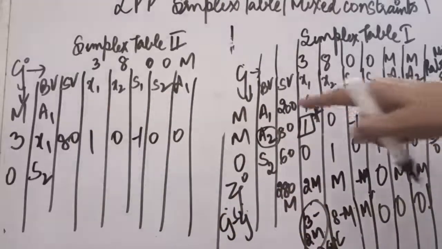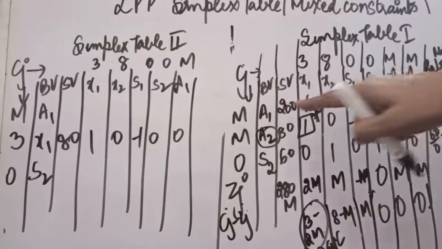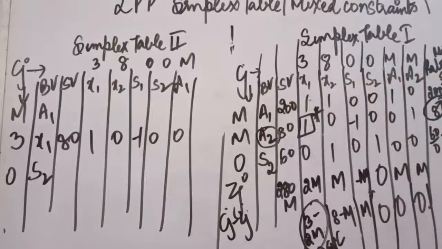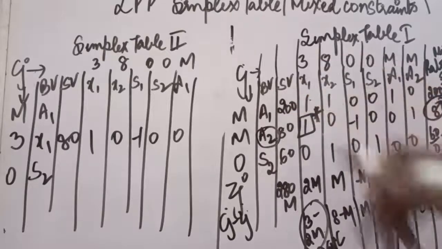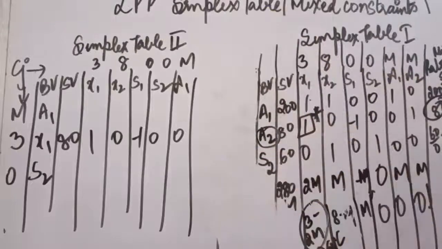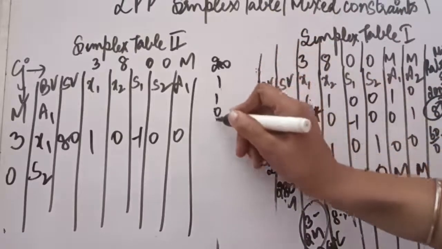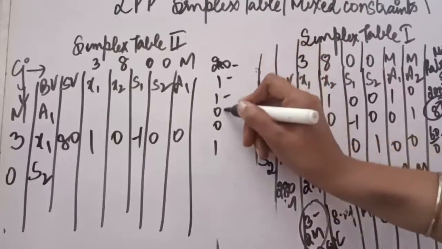Next we will calculate our first row and the third row. The calculation of the first row we will do first. Old elements means we will just note down these elements: 200, 1, 1, 0, 0, 1. Minus the values in the new key row.